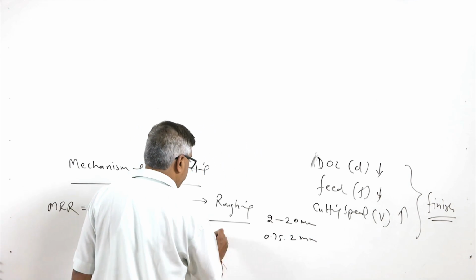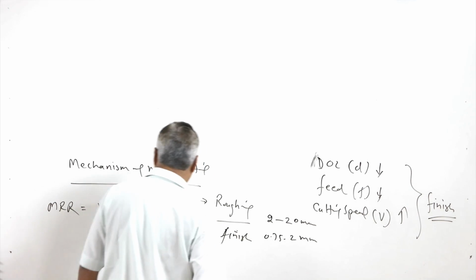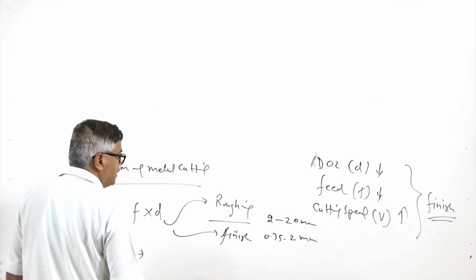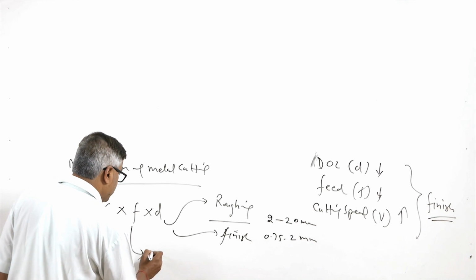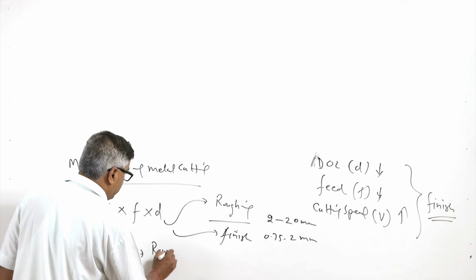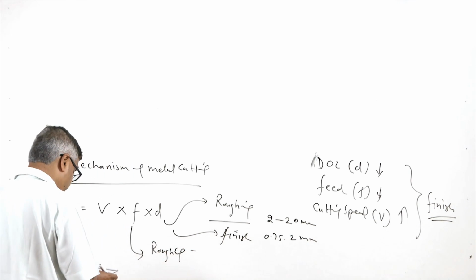So, for finishing purposes a very fine depth of cut is given. Similarly, for feed, very low feed rates are given for finishing, while high feed rates are given for roughing, for rough machining.